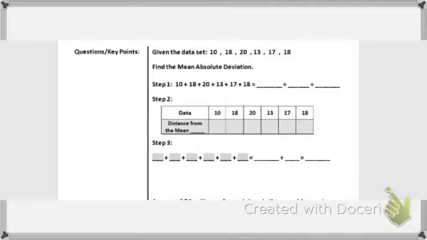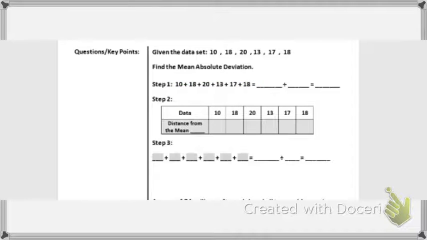Okay, so we're going to do a few questions together so that way you guys can see how this works. And so first, we have this data set 8, 10, 20, 13, 17, and 18, and we're going to find the mean absolute deviation. And first step is just find the regular mean, and mean is going to be the average. So here we have step 1, which is add all the numbers.